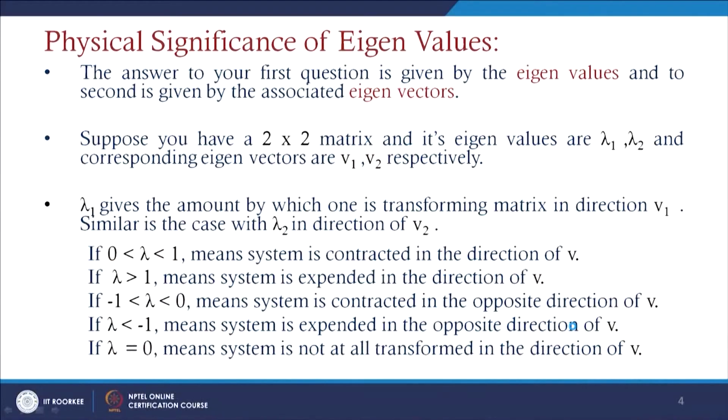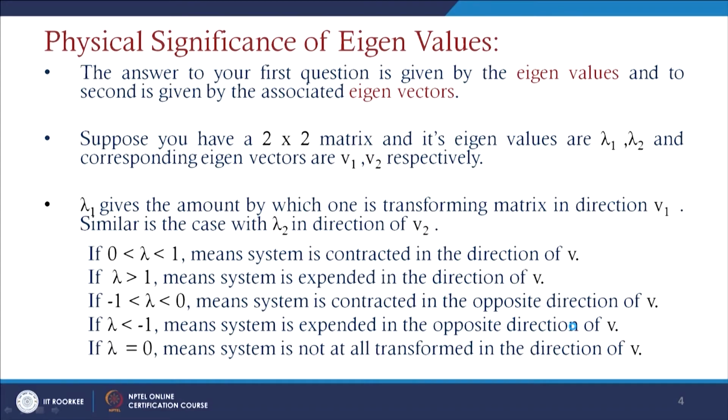If the eigenvalue lies between 0 and 1, the system is contracted in the direction of V, since it is a bounded system. If lambda is greater than 1, we are going far from 1, which means the system is expanded in the direction of V. And if lambda is greater than minus 1 and less than 0, then the system is contracted in the opposite direction.